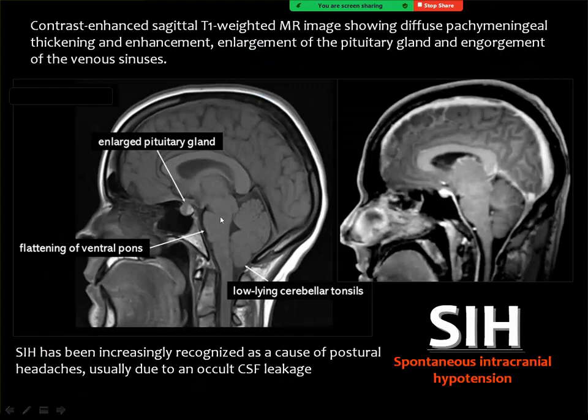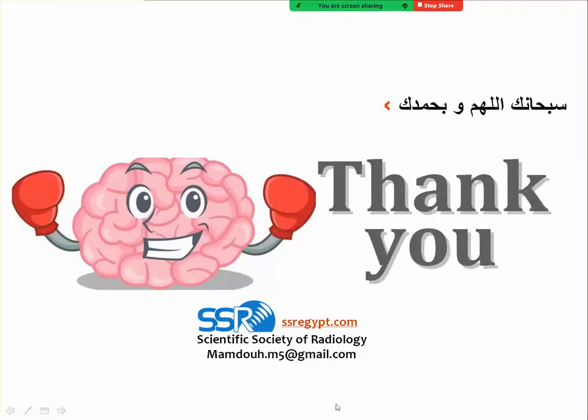And this is the prominence of the pituitary gland, and this is the flattening of the anterior aspect of the pons compared to the normal appearance. These findings support the diagnosis of spontaneous intracranial hypotension with distension of the venous sinuses and the enhancement of the dura, as I have said.